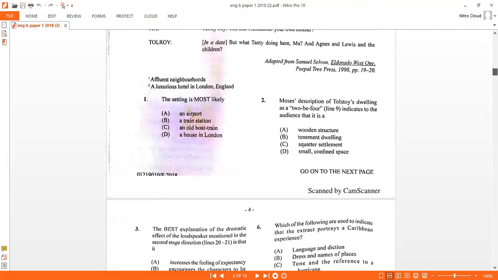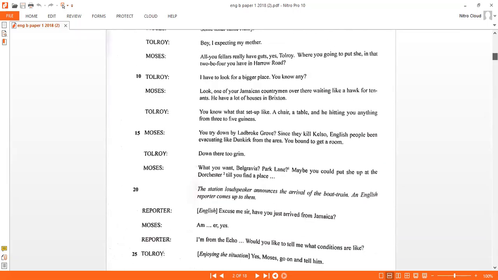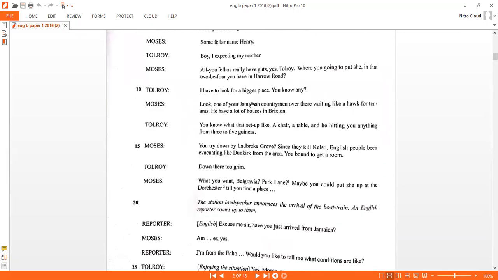But in the extract, he is told about your Jamaican countryman over there waiting for tenants, suggesting that he can go talk to this Jamaican countryman, and since he's a countryman, he might get a good deal. He obviously does not want to live there. He asks what the setup is like, showing that he doesn't want to live in a place that only has a chair and a table, and he has to pay so much for it.